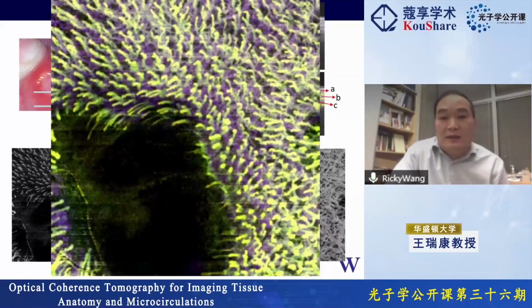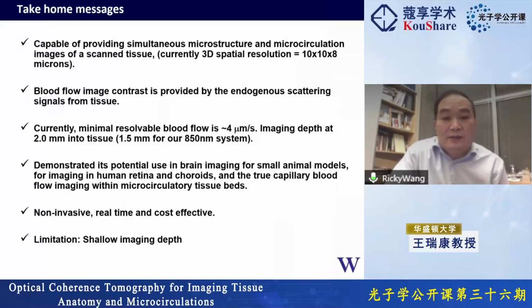Okay, with that, this is my take-home message. I think my time is up. I showed you that OCT is really capable of providing microstructure information and microcirculation information with a resolution of about 10 microns in 3D, which is very useful to look at the capillaries.